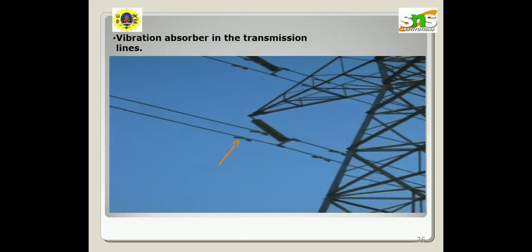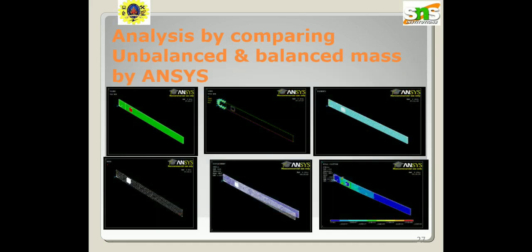So vibration absorption in transmission lines will be shown here. This is the analysis comparing unbalanced and balanced mass systems. Here it would be used for measurement of mechanical sources and wind, and also using the vibrating body, what frequencies will be generated. This all will be done from this slide.